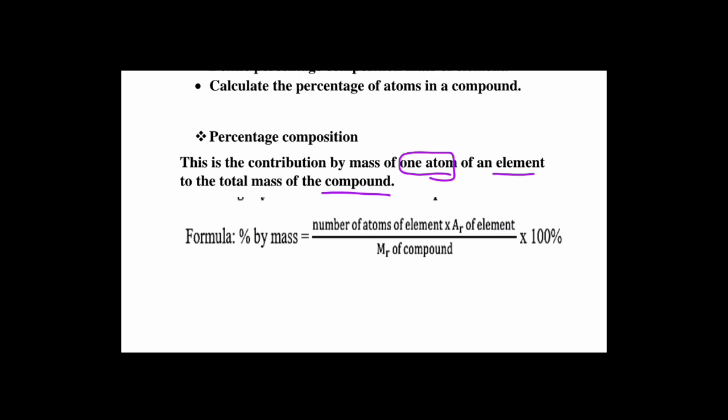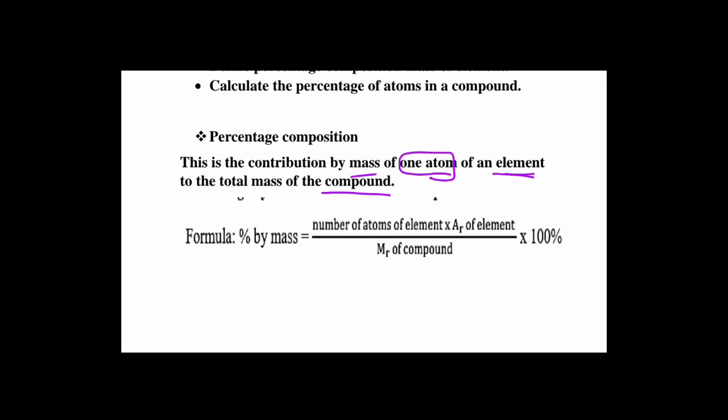We need to understand the science behind the definition. Science is all about understanding what we are talking about. The contribution by mass of one atom of an element to the total mass of the compound.